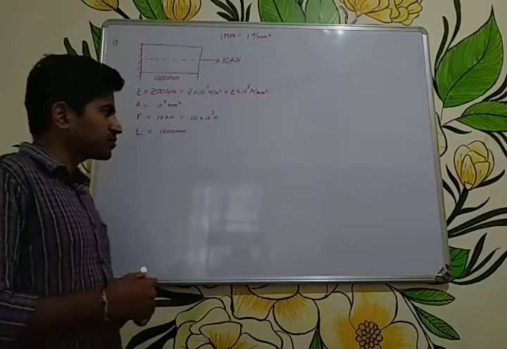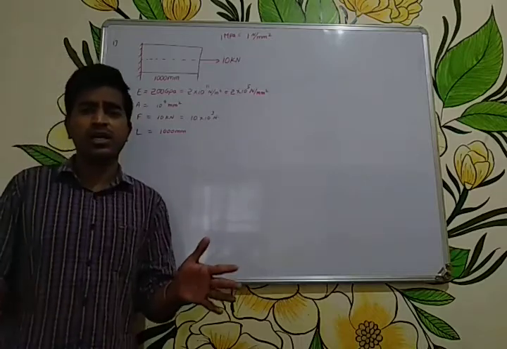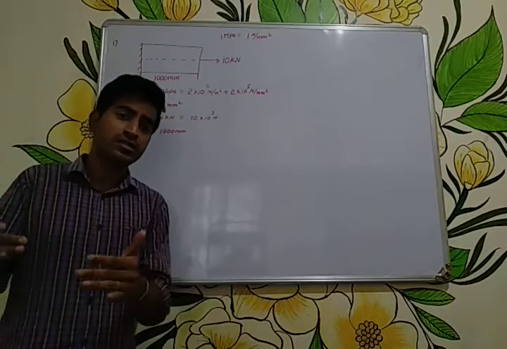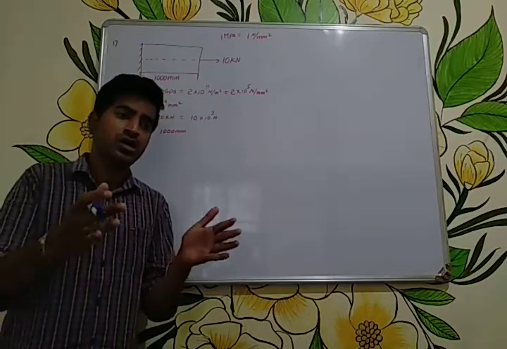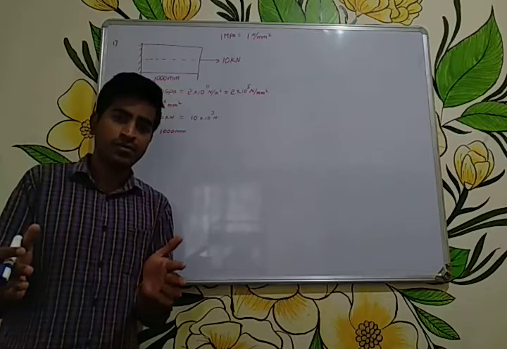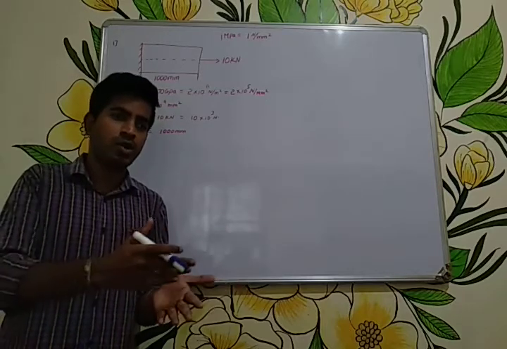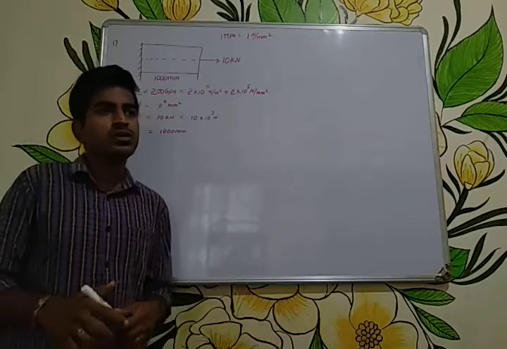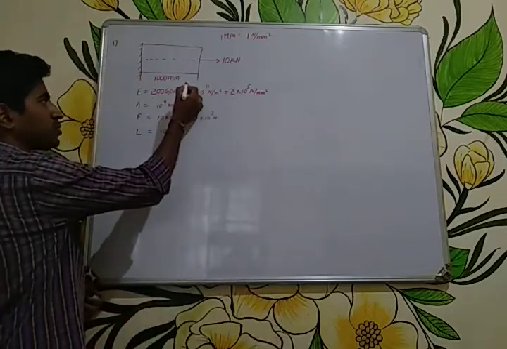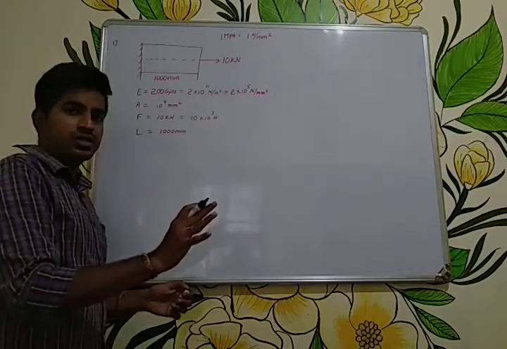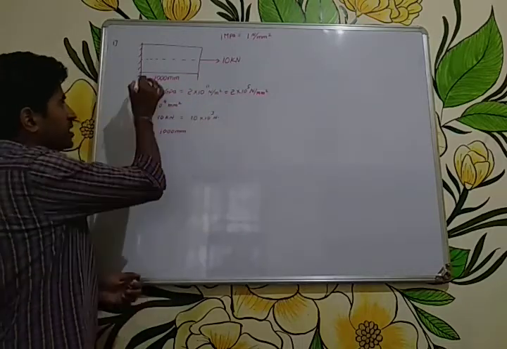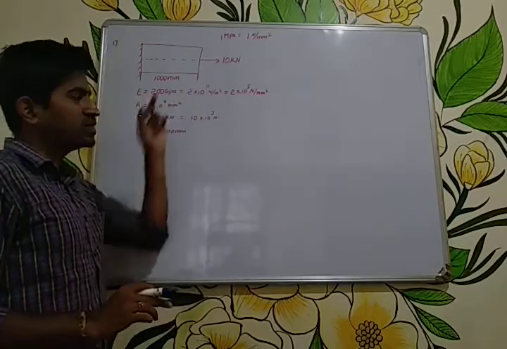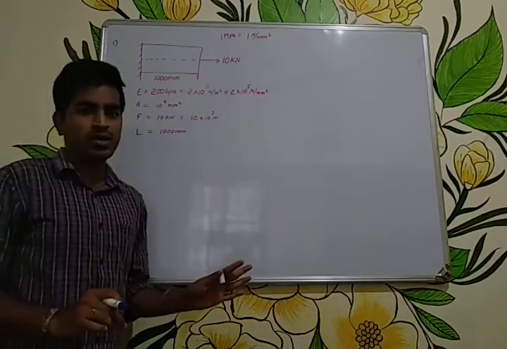So here, location of the node is going to be very important, because the very first step in our FEM is to discretize the given body or continuum into a smaller number of parts called elements. Then you have to locate the nodes. So here is the first problem. Whenever there is a fixed end, you have to consider it as a node, and wherever a load is given, there also you need to consider a node.